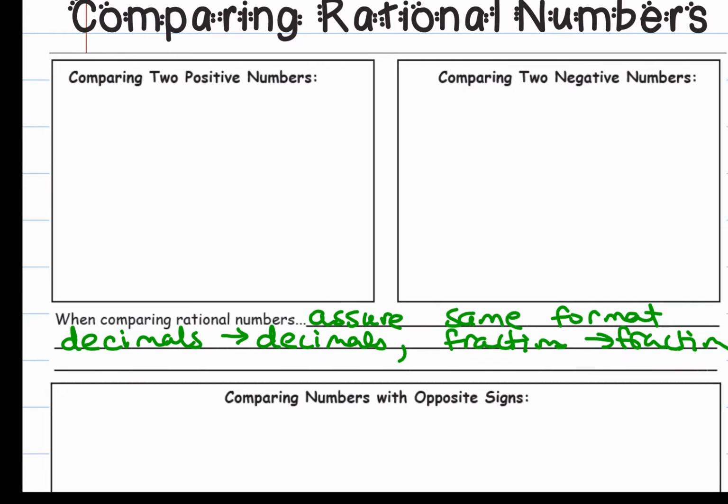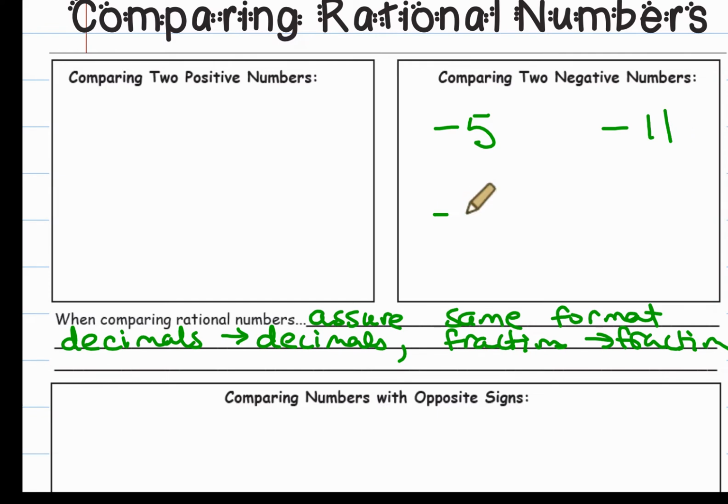Okay, so now let's look at comparing two negative numbers. What if I had the number -5 and I wanted to compare it to -11? Well, we know they're not equal to each other, but is -5 greater or is -5 less?